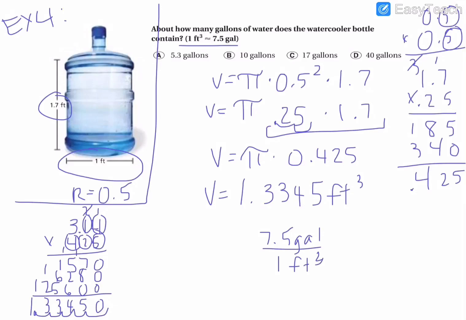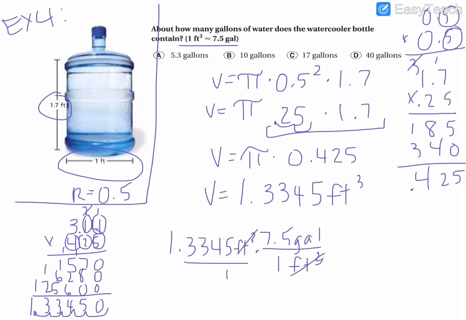So I'm going to multiply that by my 1 3,345 10 thousandths feet squared, so that when I multiply straight across, well, actually if you cross cancel, you're going to be able to cancel out the units there, and that's kind of the goal.